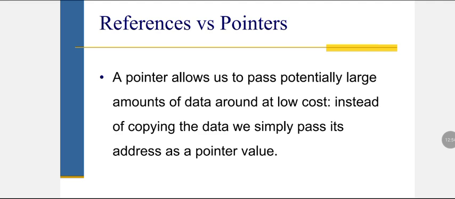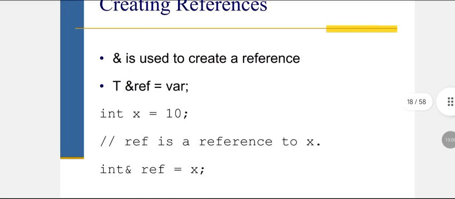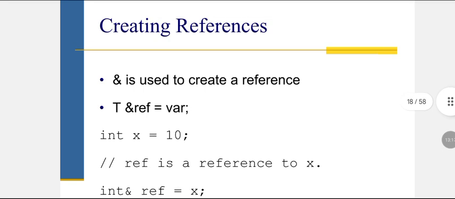Okay, now we move on to creating a reference. And you can see the & symbol there is used to create a reference. Now I know most of you are confused right now because the & was used as the address-of operator. Now why is it that we have the & symbol to create a reference?